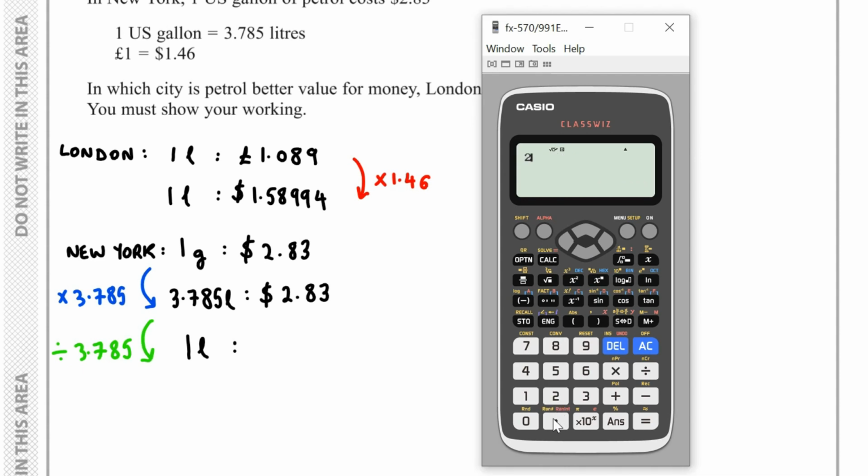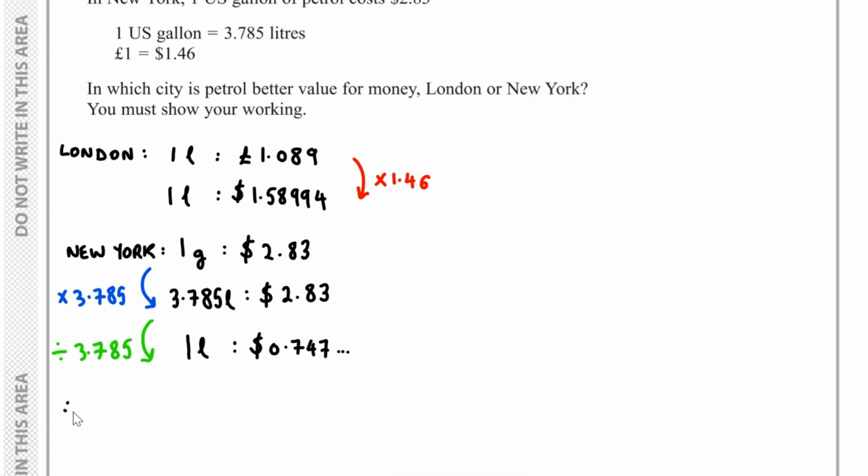So if I do 2.83 divided by 3.785, it turns out here we get 0.747 etc. dollars for 1 litre of petrol in New York. And therefore we can conclude that New York is cheaper.